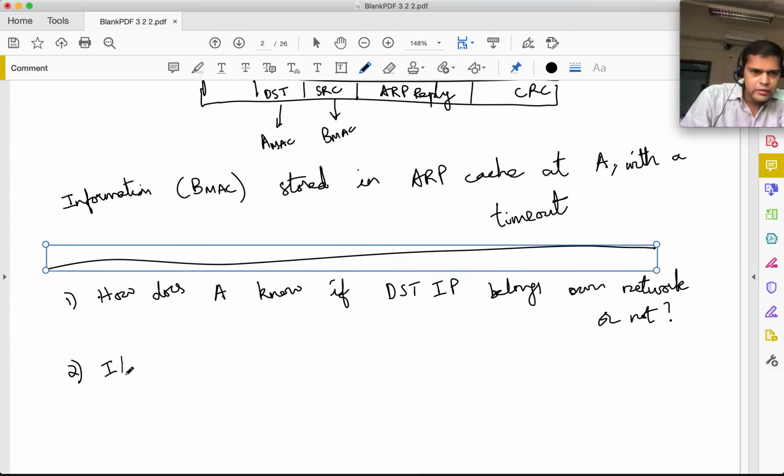And if the destination IP is not in the same network, then how does he know the router's MAC address?